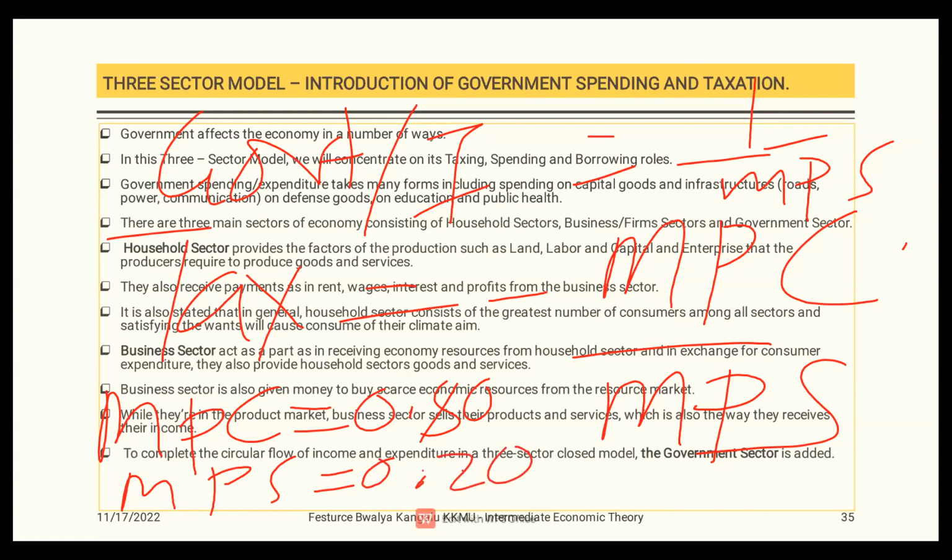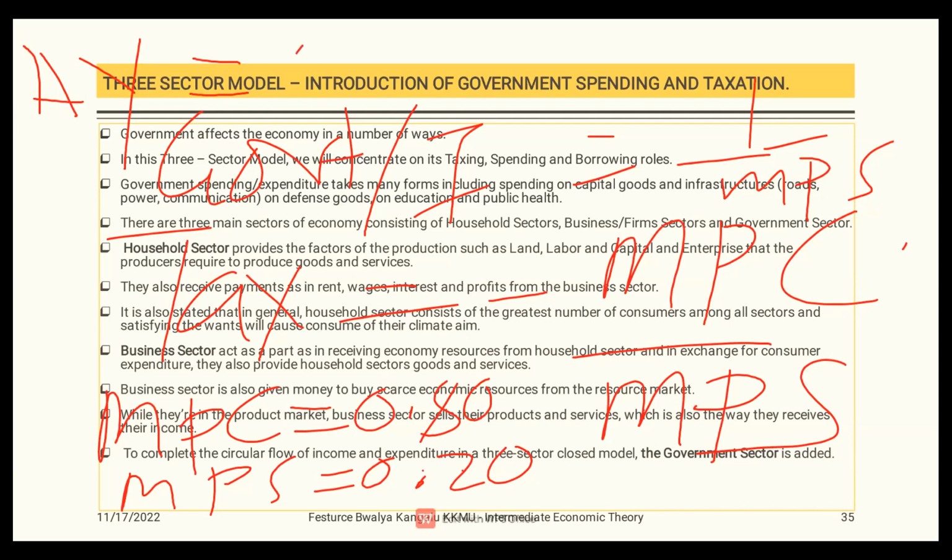So the question is that if MPC is 0.80, then what will be the national income if the government increases tax by 50 million? Did you get that? So we want to get the change in income as a result of the change in government tax.